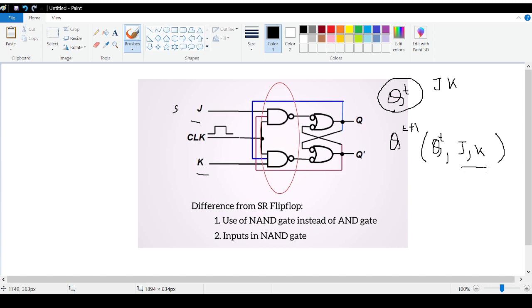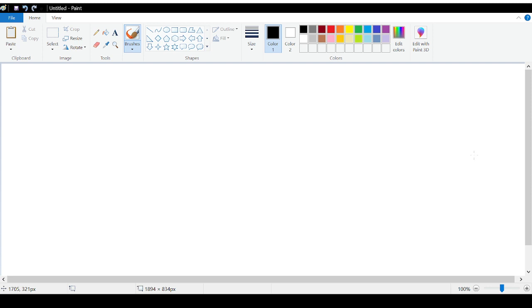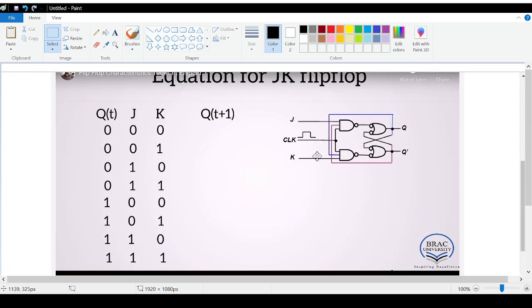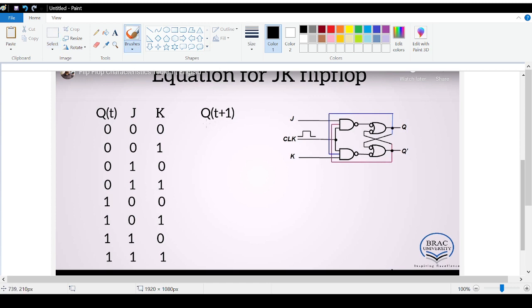So these are the external inputs and this is my memory element. Q(t+1) will depend on Q(t), J and K. So for the JK flip-flop circuit, Q(t+1), my next state, will depend on these three inputs: J, K, and what is stored in my memory.